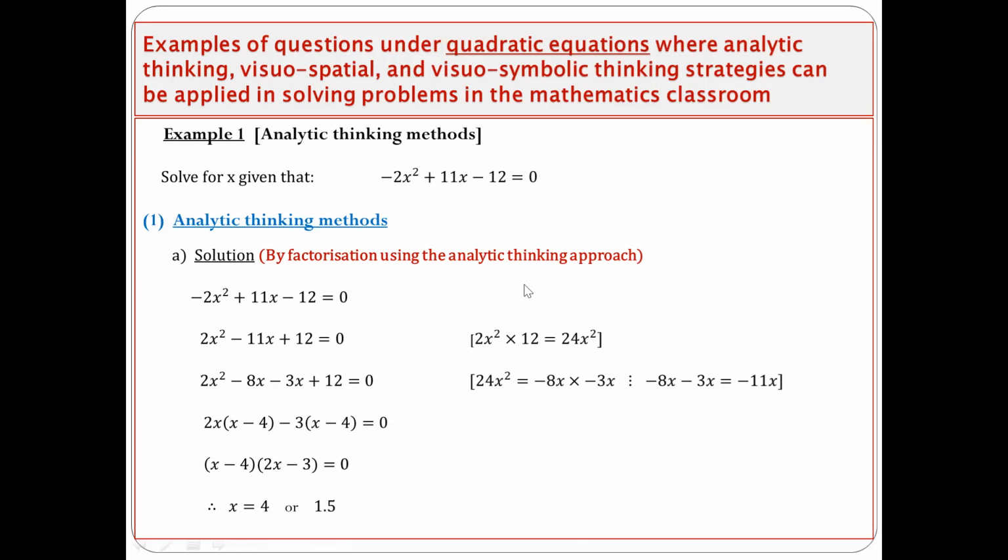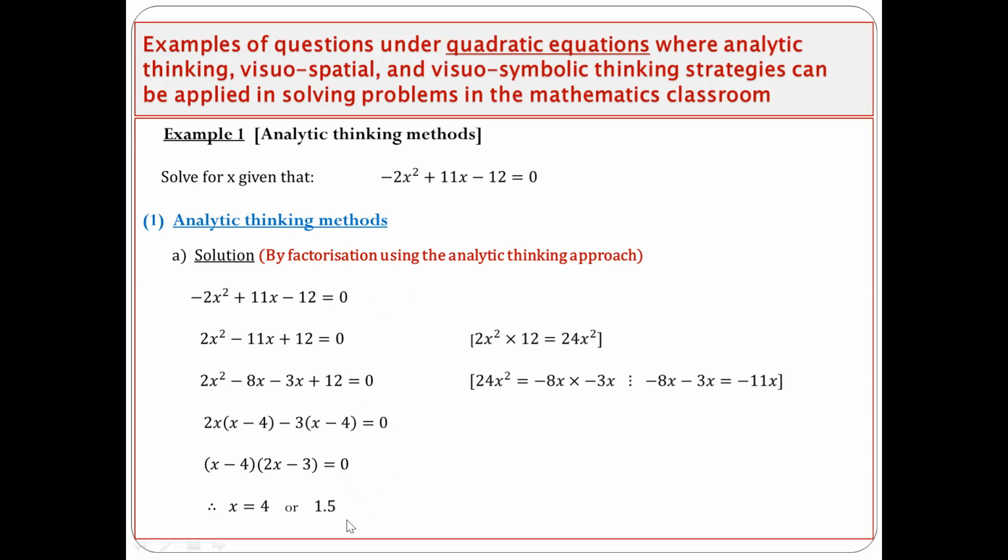If you look at this factorization using the analytic thinking approach, it involves factorization by grouping and is a little bit longer. Because if we count the number of steps that we take, we start counting from here: 1, 2, 3, 4, 5.